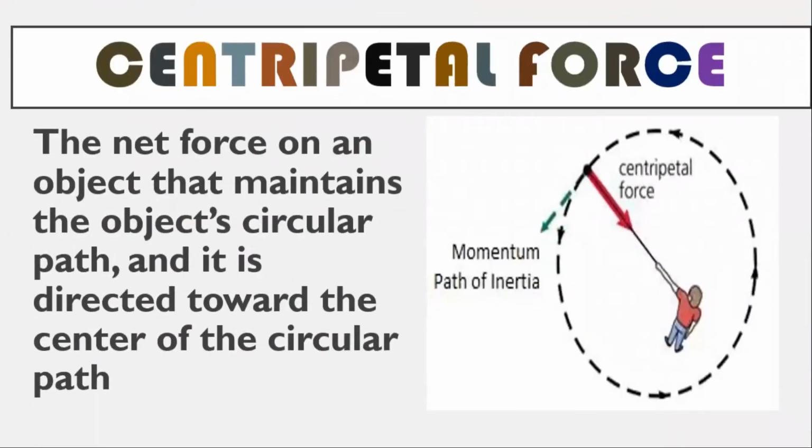How are we going to define centripetal force? It is the net force on an object that maintains the object's circular path. Again, it's the net force to maintain this object traveling in a circular path, and it is always directed toward the center of the circular path.